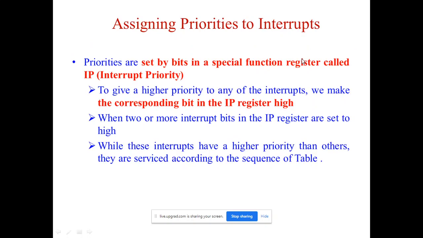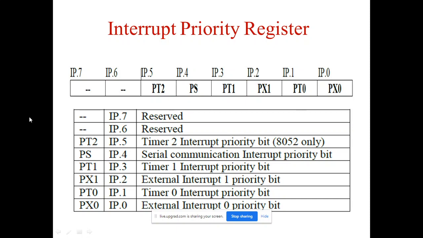Now my requirement is to change the priority, and for that I am taking help of one register, called the interrupt priority register, that is the IP register. This is the structure of the IP register. It is again an 8-bit register. Out of that, the first 5 bits are dedicated to particular interrupts.